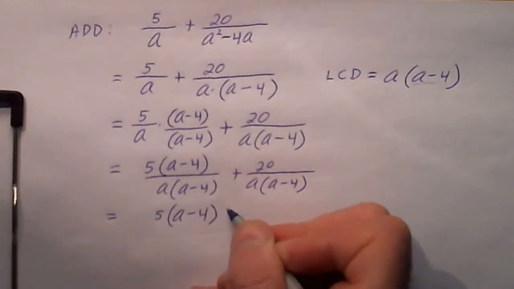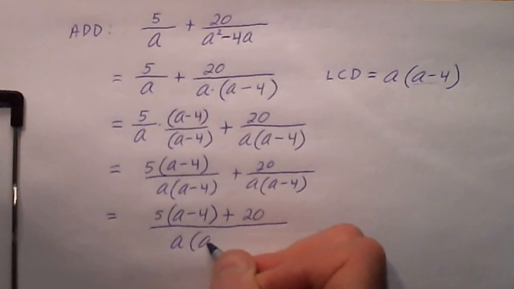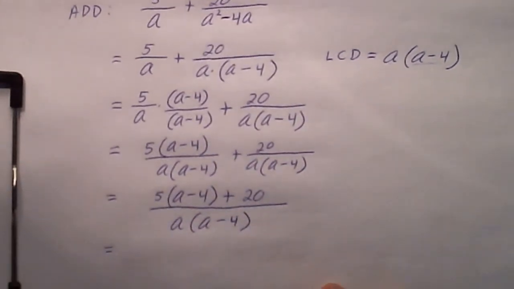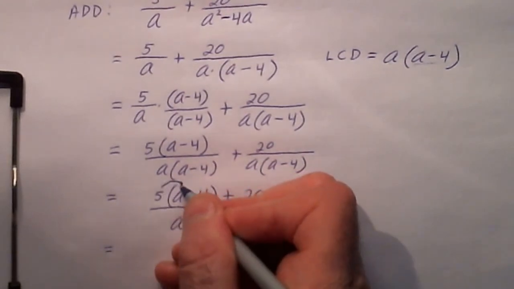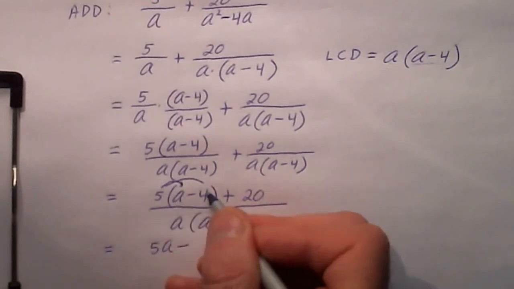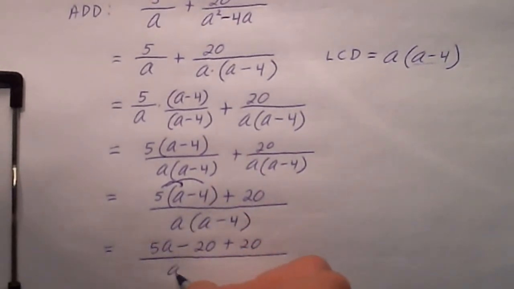Let's just now add these numerators together and place this result over our least common denominator. Now we're going to have to distribute the 5. So 5 times a is 5a, minus 5 times 4 is 20, over your common denominator.